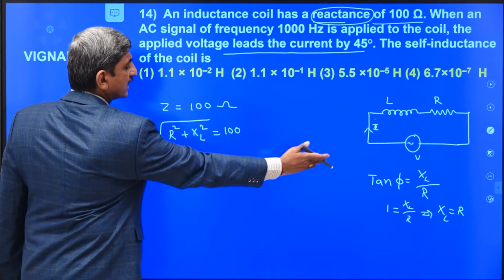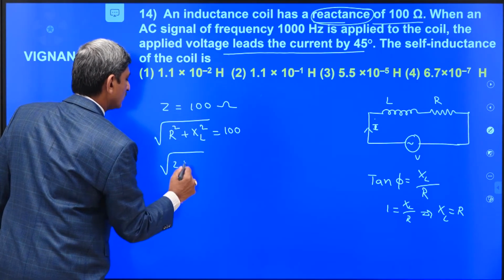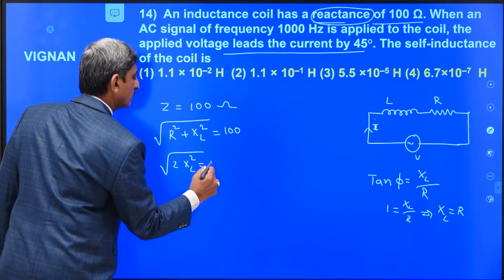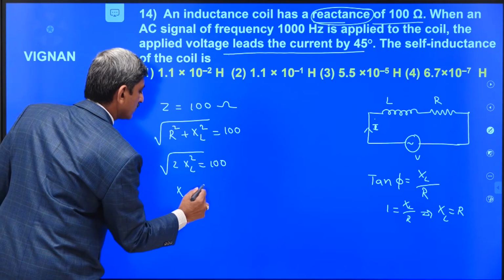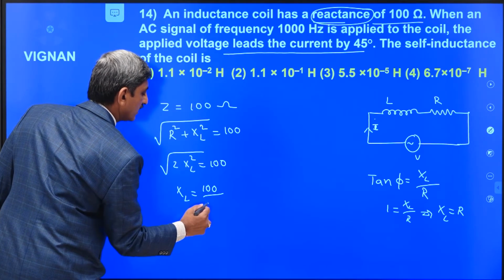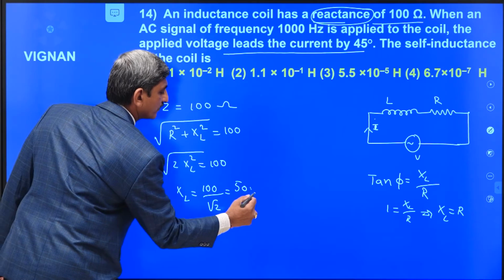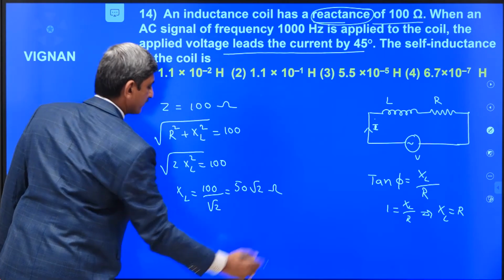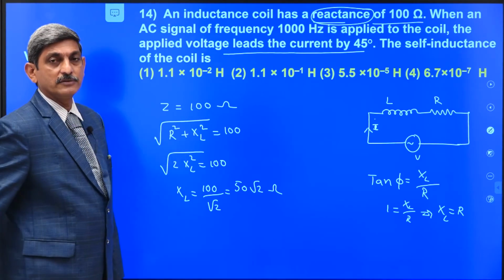Now by substituting XL is equal to R in this equation, we have root 2 XL square is equal to 100. From this we can write XL is equal to 100 by root 2, that is equal to 50 root 2 ohms. Okay, this is the inductive reactance value.